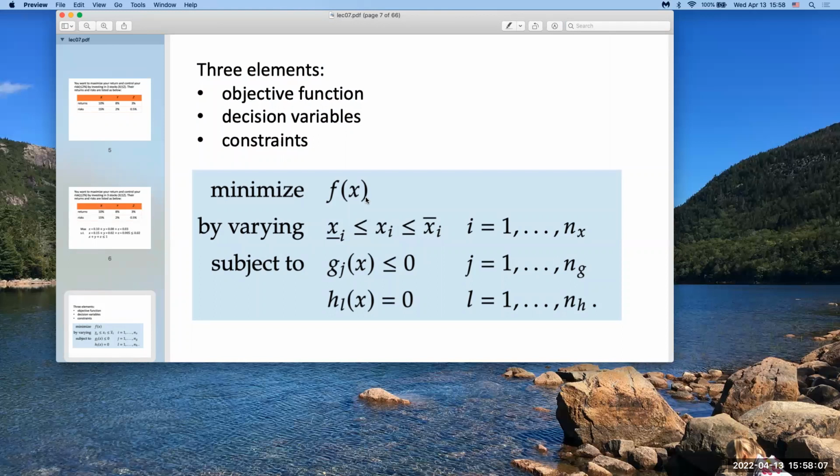Most of the optimization problems can be written in this format. You minimize or maximize an equation, you have the changing variables x, y, and z, the changeable ones, and you're subject to certain conditions. When your constraint is equal to 0, that's equality. And if it's greater than or equal to 0 or less than or equal to 0, that's inequality.